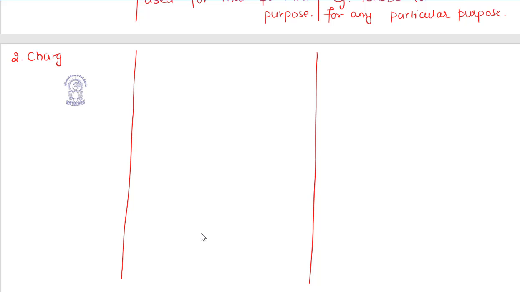Point number 2. Charge versus appropriation.